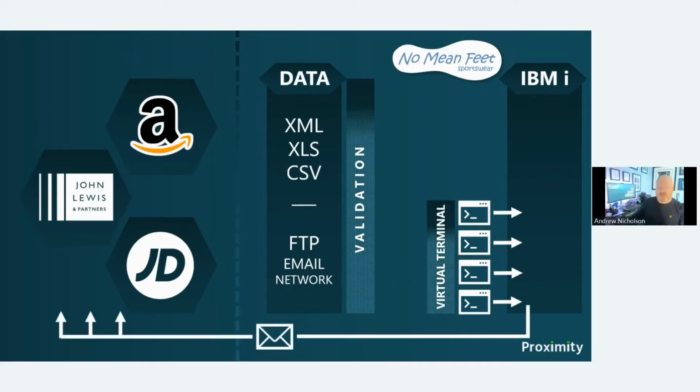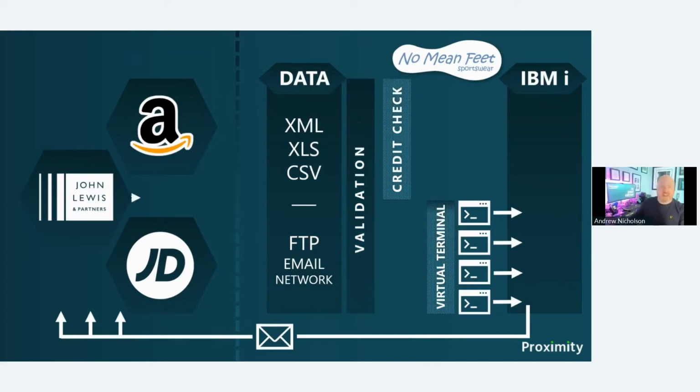And on successful update of the database, or indeed failed validation, we can use RouteOne to notify the customers of the results. Now, we don't have to use the virtual terminal, and in most cases, a customer may wish to write directly to the database or interface file from the iRoute engine itself.